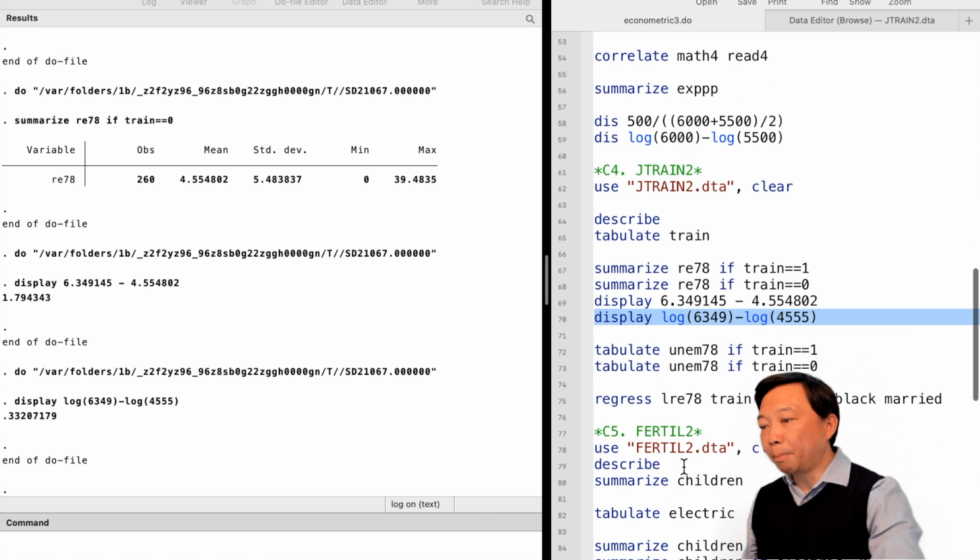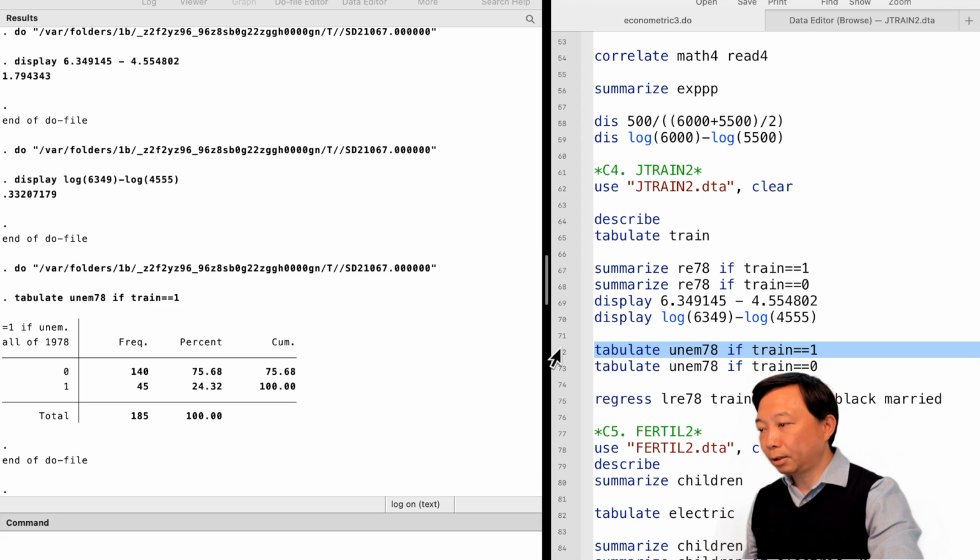We use the command tabulate with the if modifier. Since we want to see the fraction of unemployment, we type tabulate unem78 if train is equal to 1. We see that 24.32% of men who received job training are unemployed.